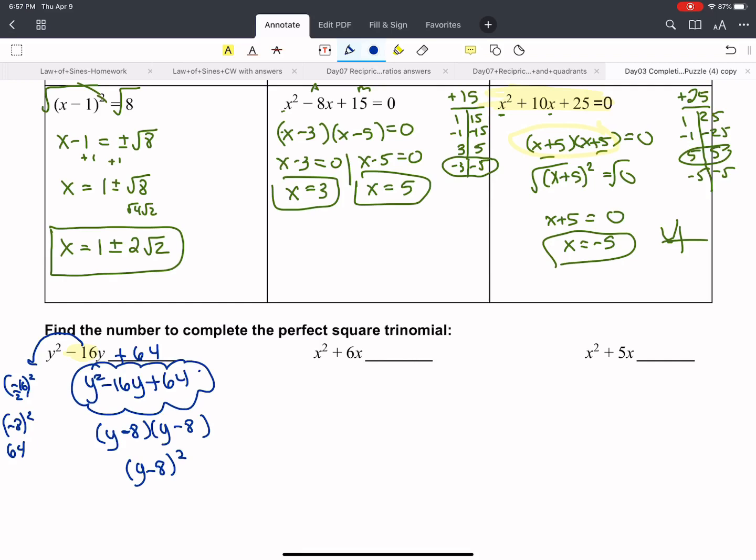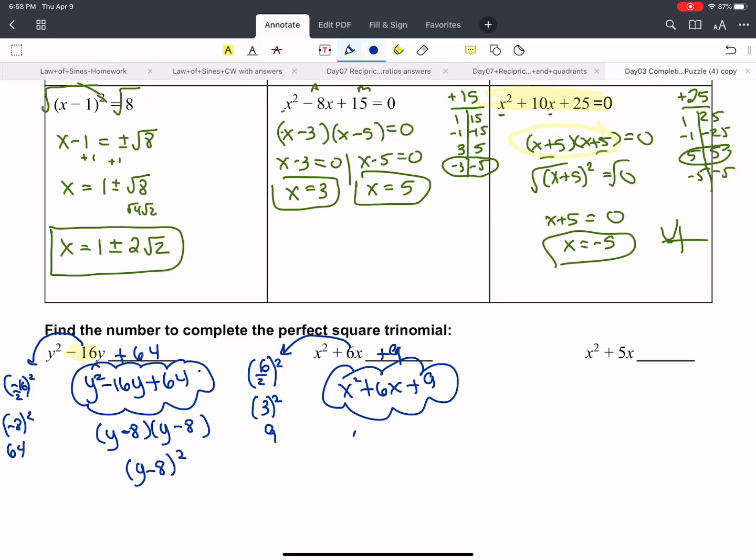So now, what's the special number in this one that's going to do the same thing? Again, I take that number, I go half, I take that 6, I divide it by 2 squared. So that's 3 squared. And it's positive, right? So then that's 9. So it's plus 9. So if I do x squared plus 6x plus 9, that would be my perfect square trinomial.